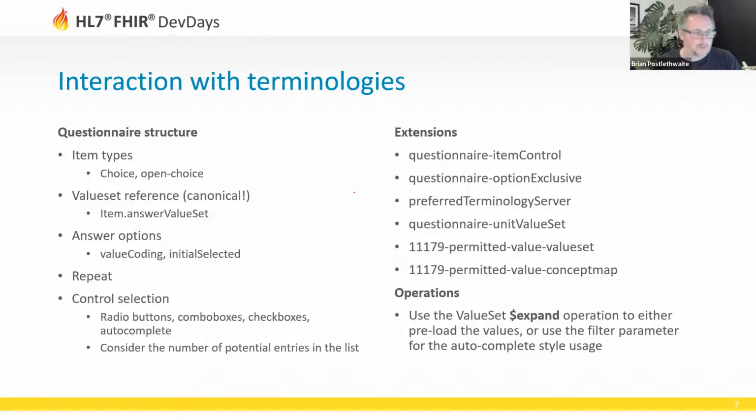It might have a terminology which is not a true terminology, but a facade into some other system. That's a technique we can use there. And it uses the expand operation from the value set to use those terminologies.